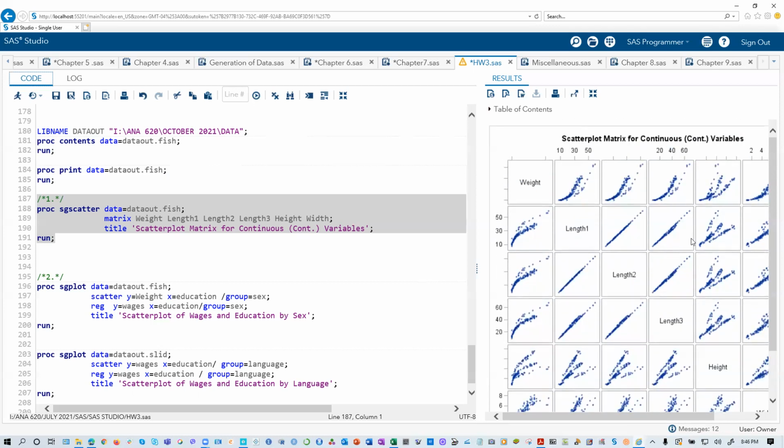When talking about the whole scatter matrix, we don't have to explain each and every scatter plot, because these trends are reproduced in the lower triangle; they are the same thing.